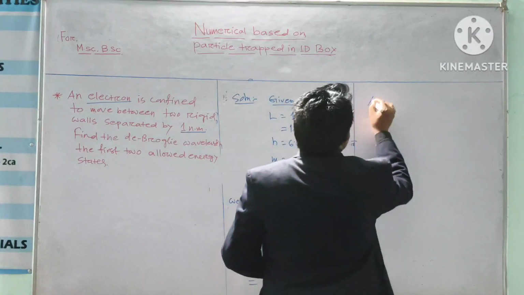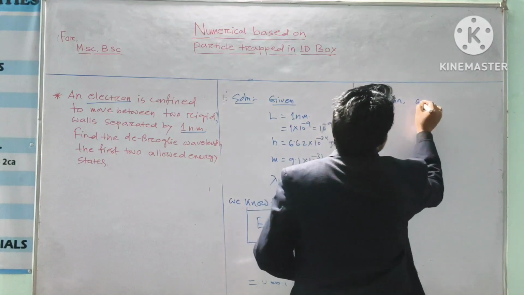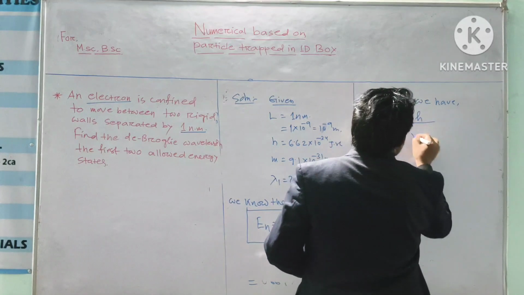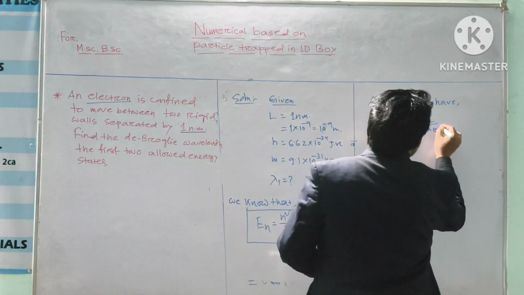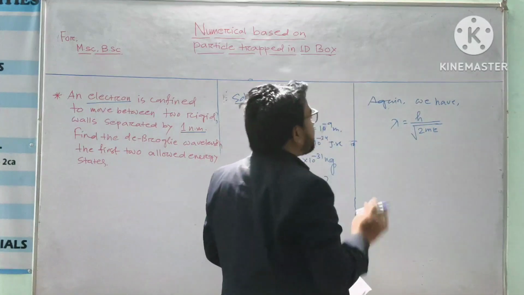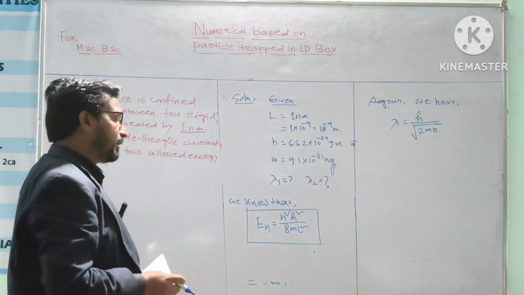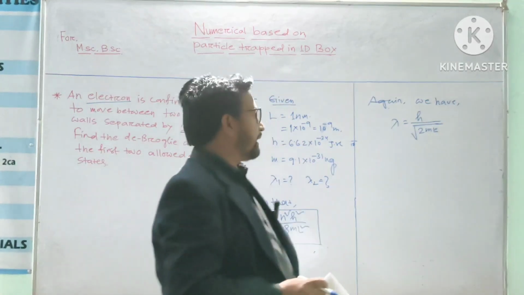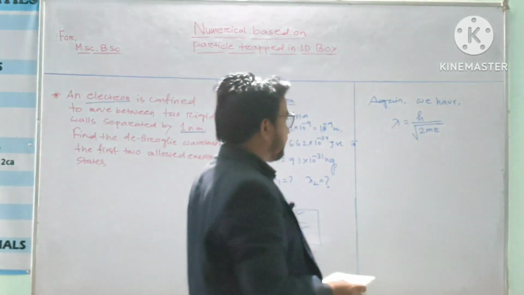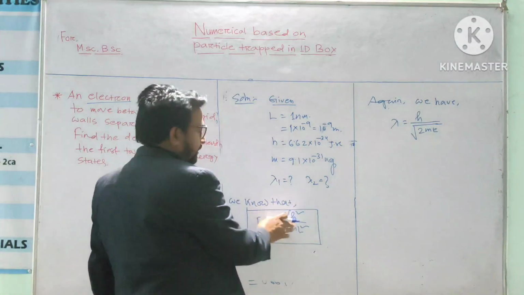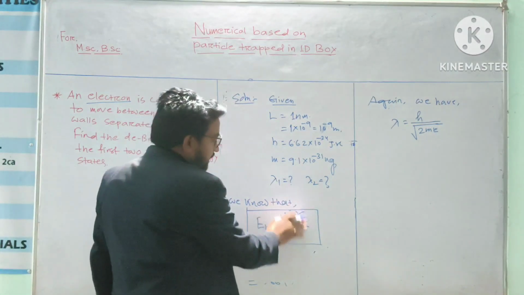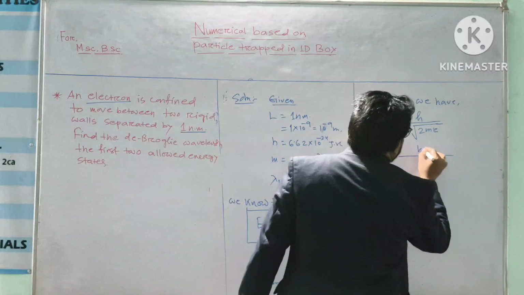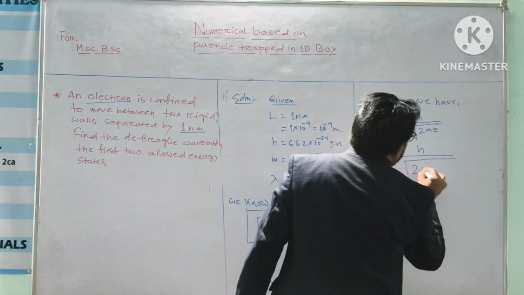Again we know that lambda equals h by under root of 2mE. This is the expression of de Broglie wavelength in terms of energy. The value of E we can put in this equation, so we can write lambda equals h by under root of 2m into E.